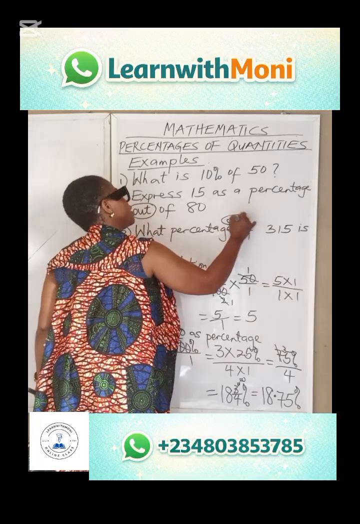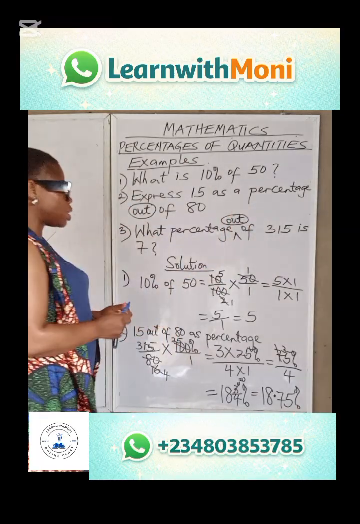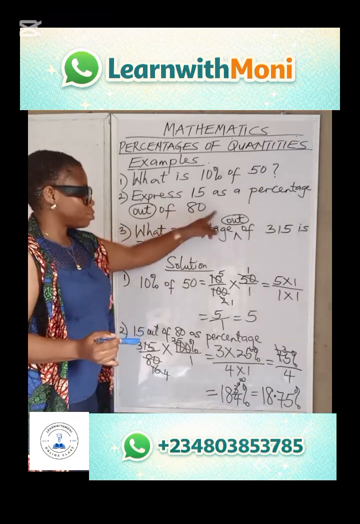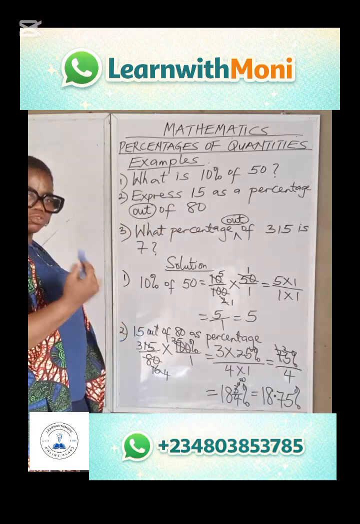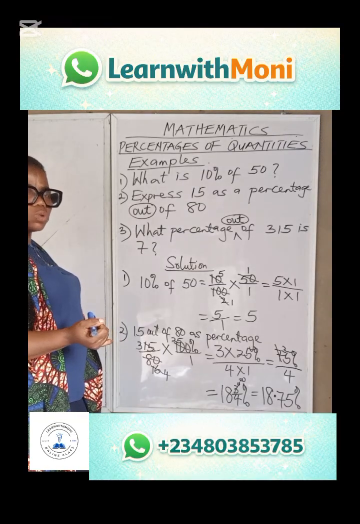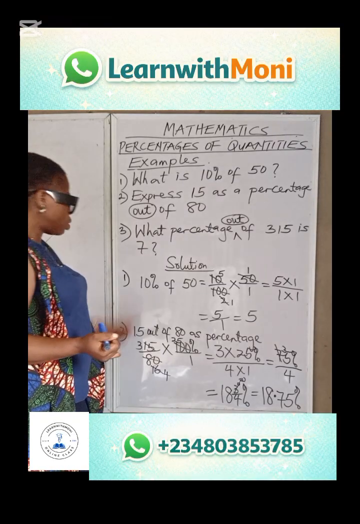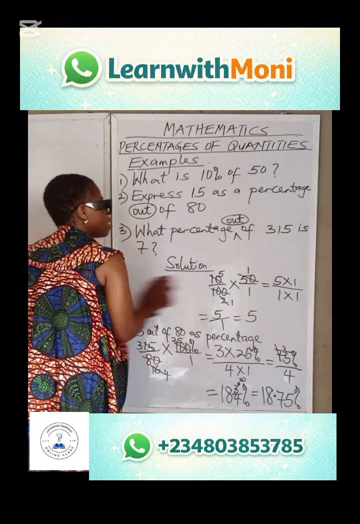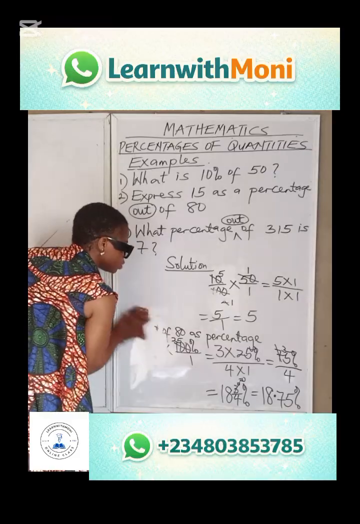What percentage out of 315 is 7? This is very basic, and you should always try to remember it. It will make your work with percentages easier. So let us express 7 as a percentage out of 315.